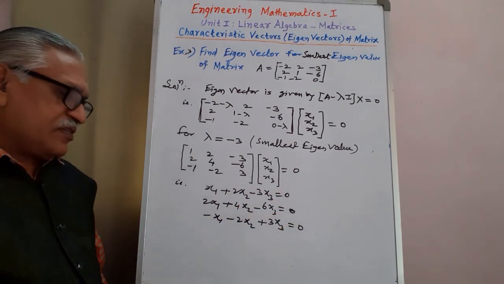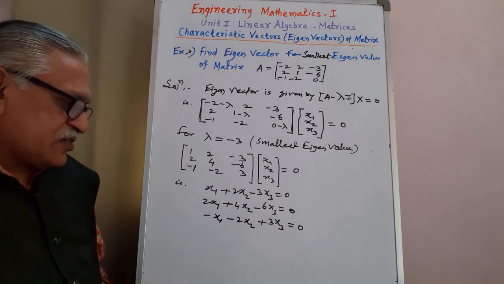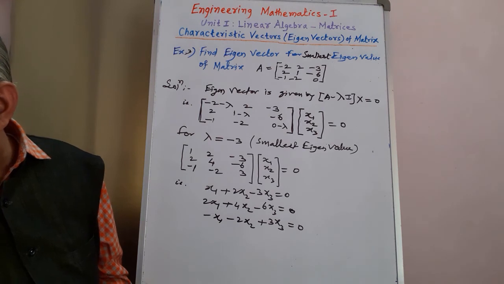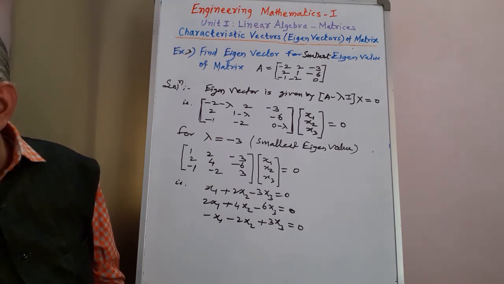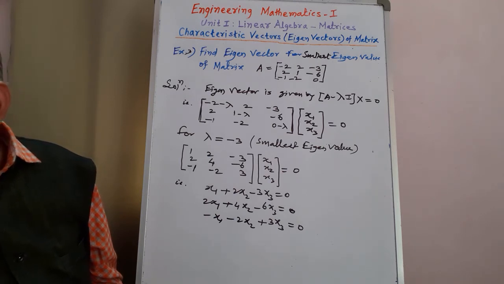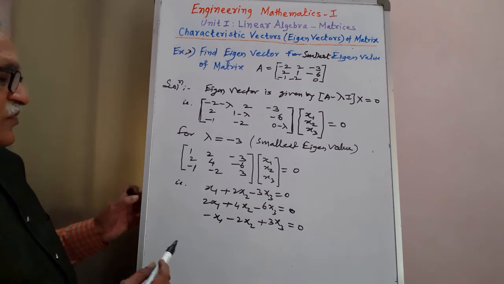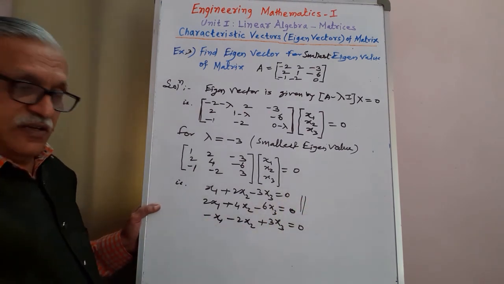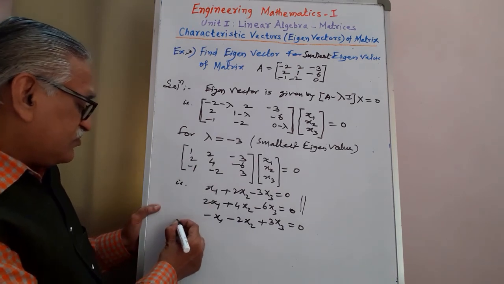Homogeneous type of equation. And then to solve this, we consider first two equations. Okay, solving it by Cramer's rule.